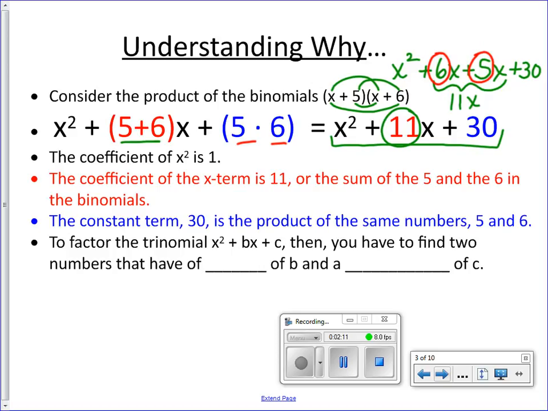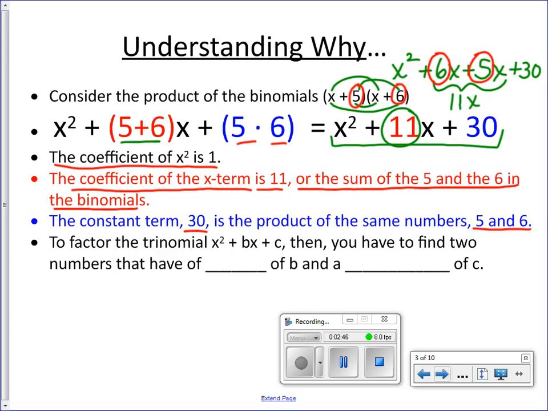All right, so here are some things that you should notice. The coefficient of x squared is 1. The coefficient of the x term is 11, which is the sum of the 5 and the 6 in the binomials. So in the binomials, here's the 5 and here's the 6. The constant term, 30, is the product of the very same numbers.